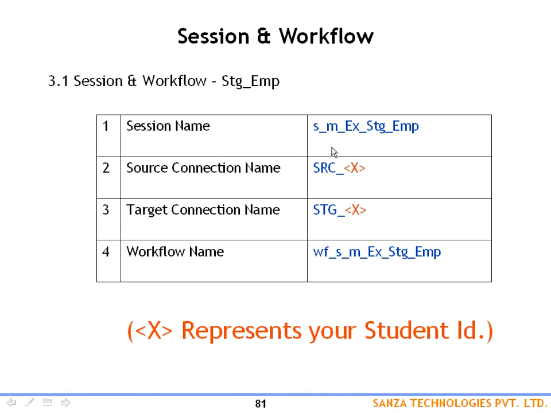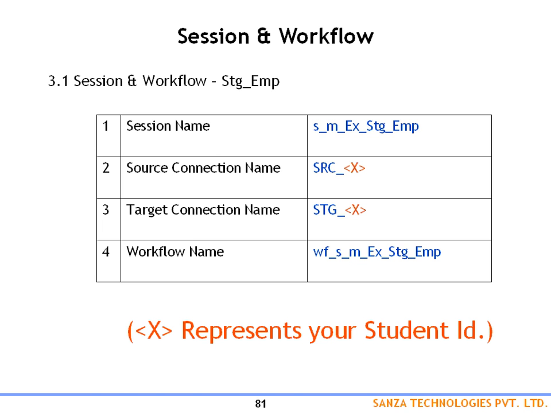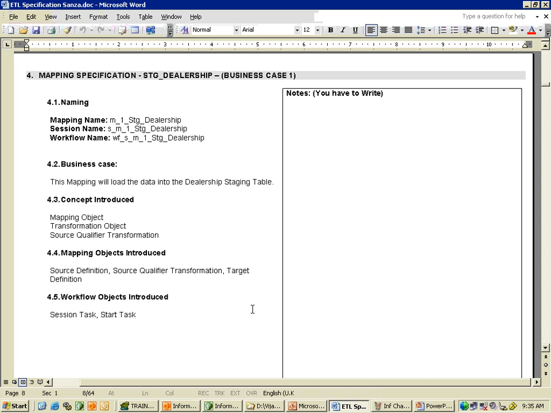That is your session name, source connection name, target connection name, SRC underscore your ID, STG underscore your ID, and the workflow name. So when you create your mapping and the session, please follow this naming convention.